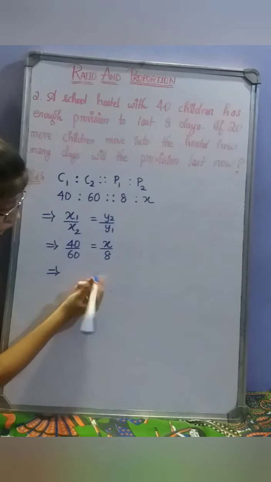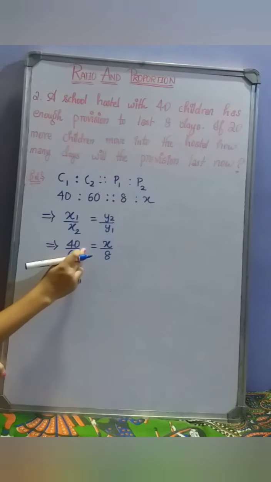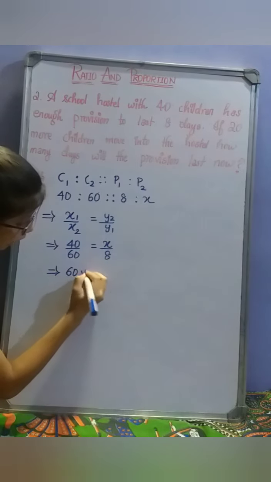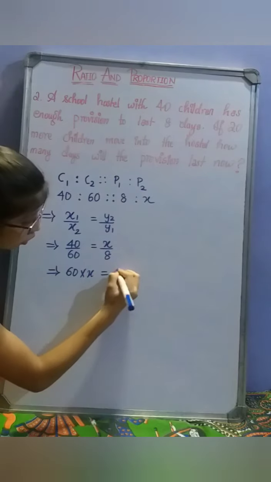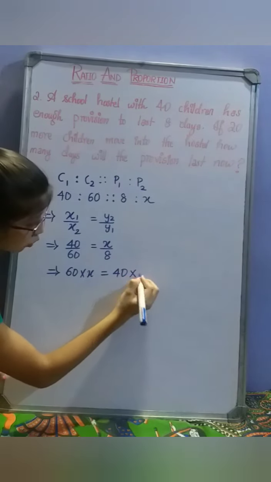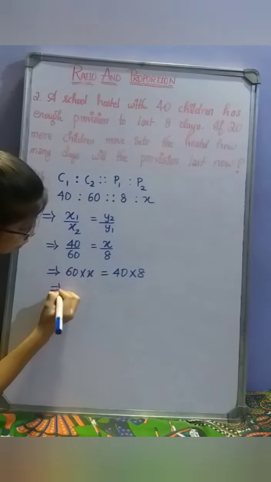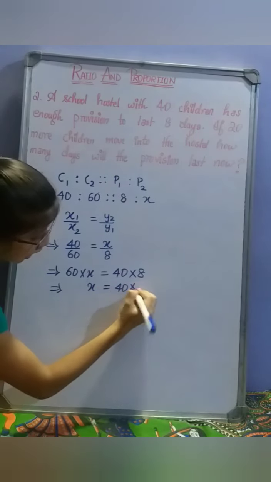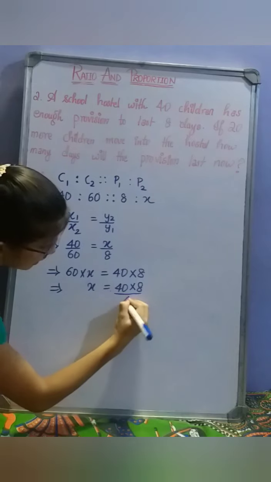Once we do cross multiplication, we get 60 into x equals 40 into 8. So now x equals 40 into 8 by 60.